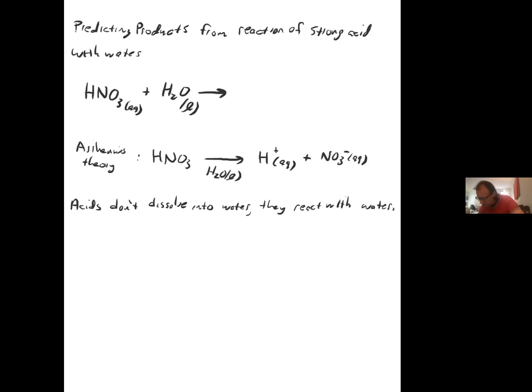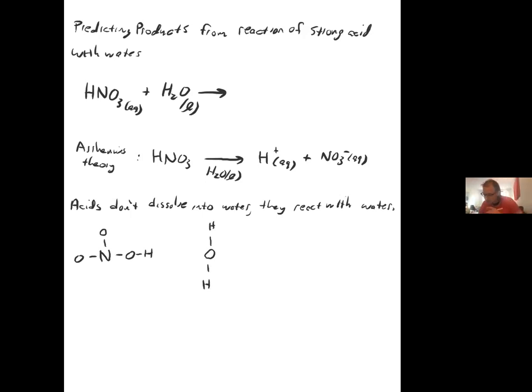I'm going to show you a little picture here. I'm going to write the formula out for the HNO3. And then I'm going to write out the formula for the water. Okay.